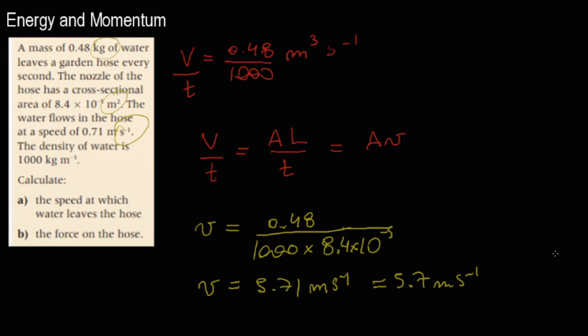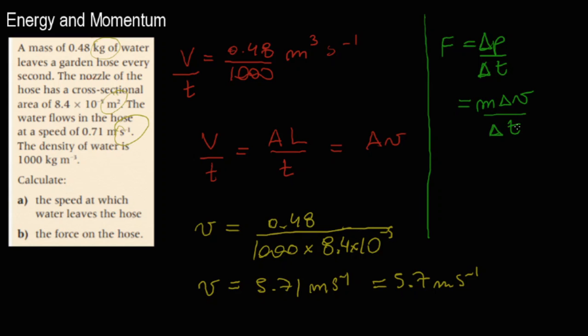Now, letter B asks us for the force on the hose. And for that, we will have to use that the force on the hose will be the change of momentum over change in time. So this can be visualized as mass times the change in velocity over change in time.